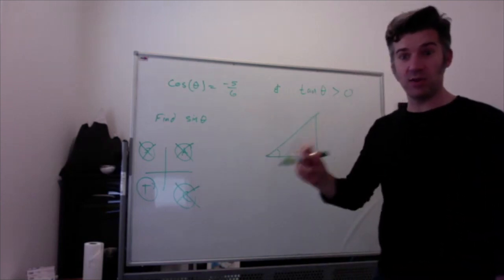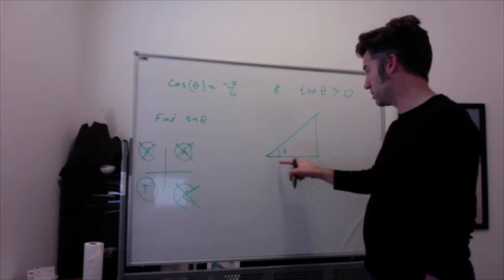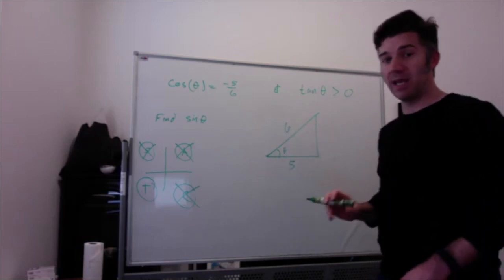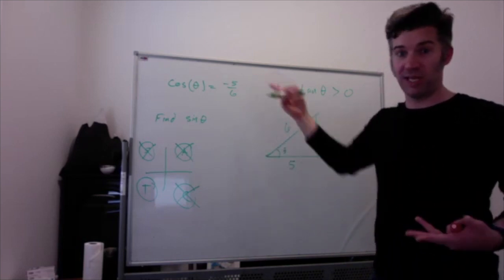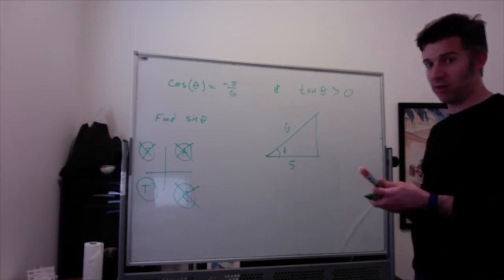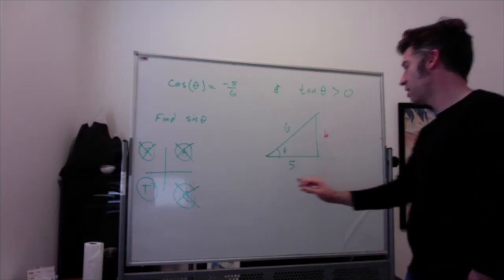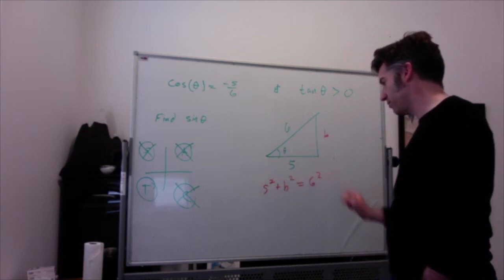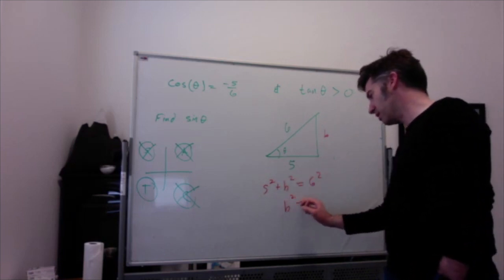Cosine is adjacent over hypotenuse. So it's the adjacent side over the hypotenuse side. Again, I'm ignoring the fact that cosine is negative when I draw this triangle. I'm going to use that to find the third side of my triangle here. Let's call this side B. I know that 5 squared plus b squared equals 6 squared. So b squared equals 36.